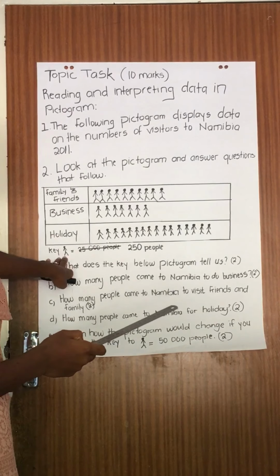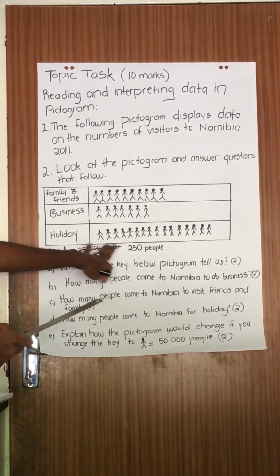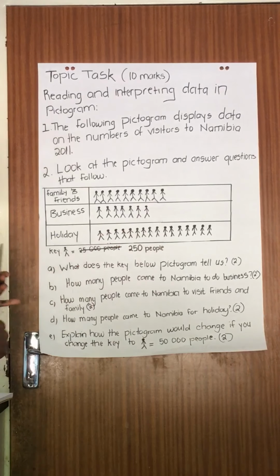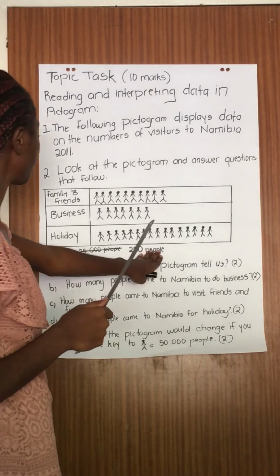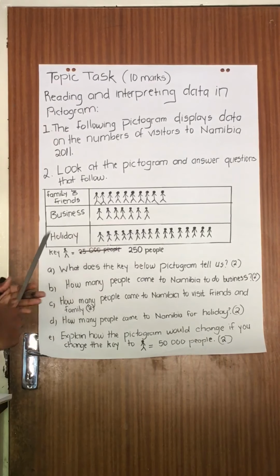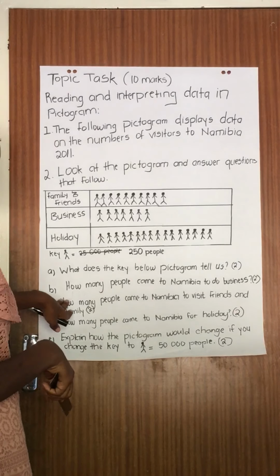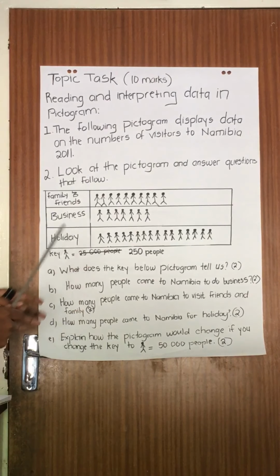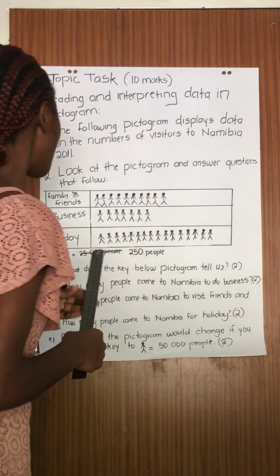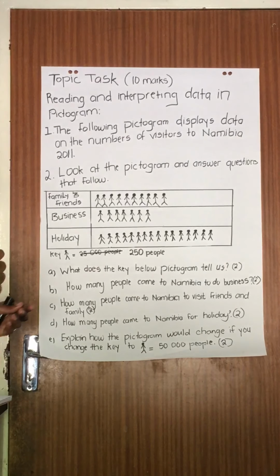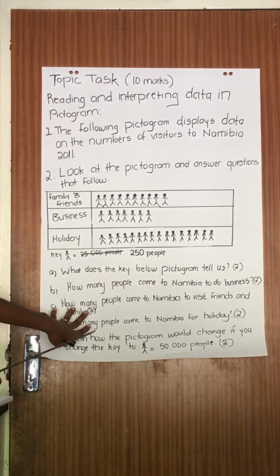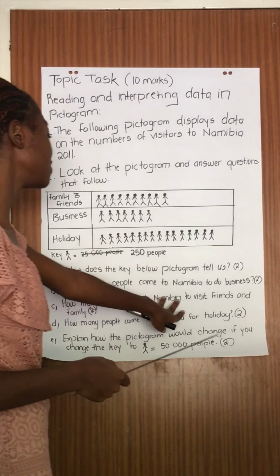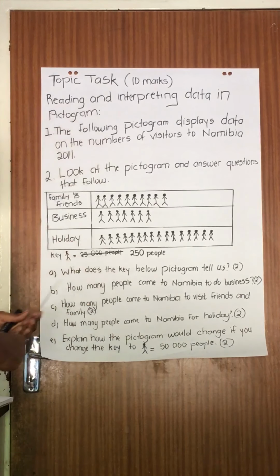As you see, our key says one person represents 250 people. So we are going to multiply 250 people times 7 in order to find our answer. And our answer is going to be 1,750.